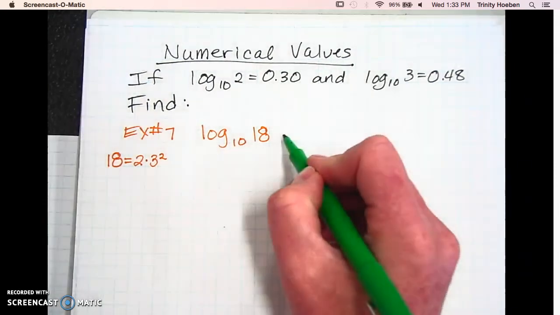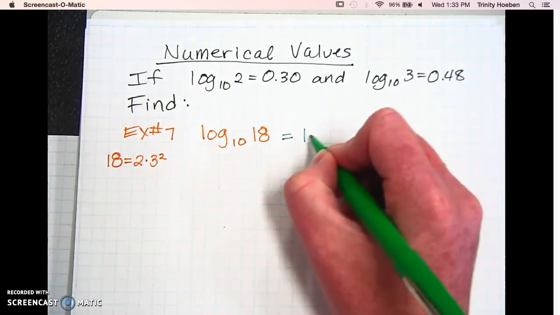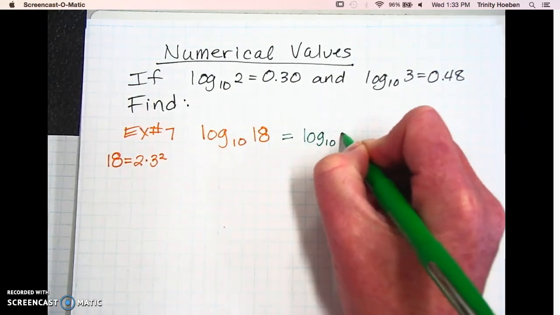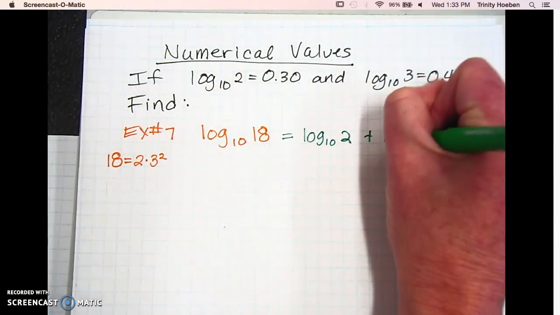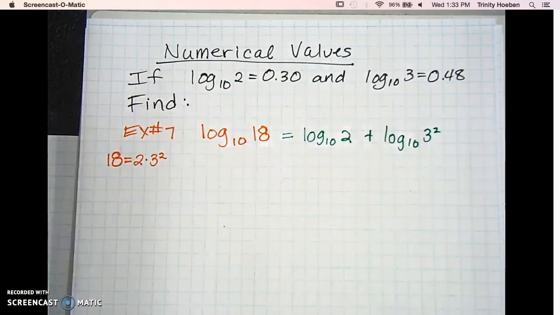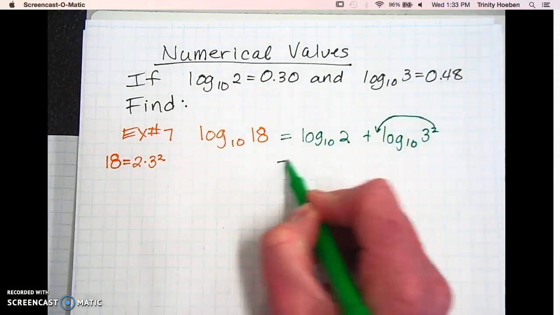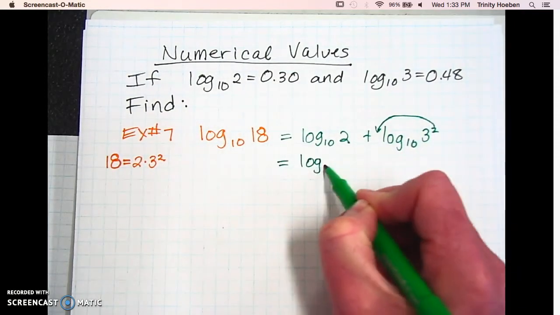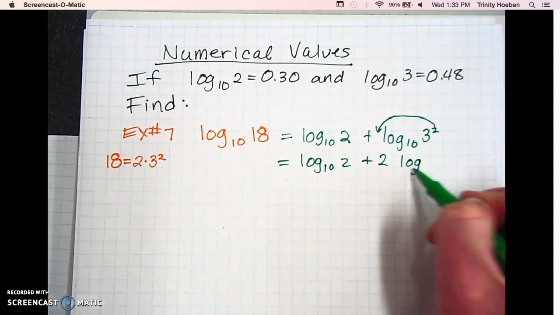Okay, so we're going to rewrite this log base 10 of 18 as the log base 10 of 2 plus log base 10 of 3 squared. So cool, right? So we're going to take this exponent, move it out front, and this is going to become log base 10 of 2 plus 2 times log base 10 of 3.